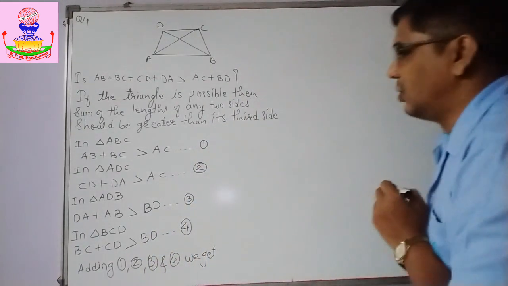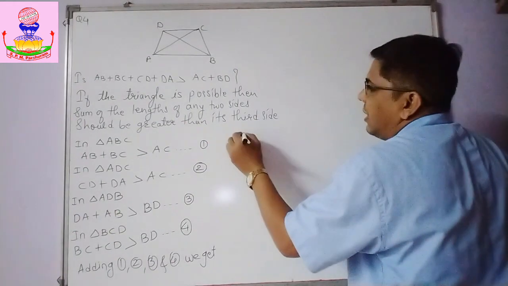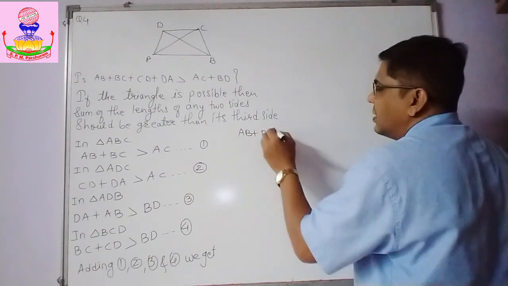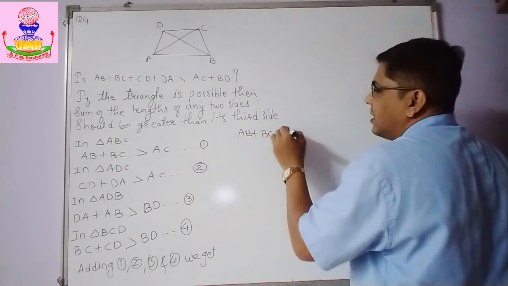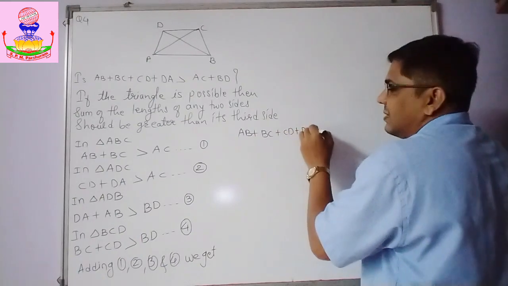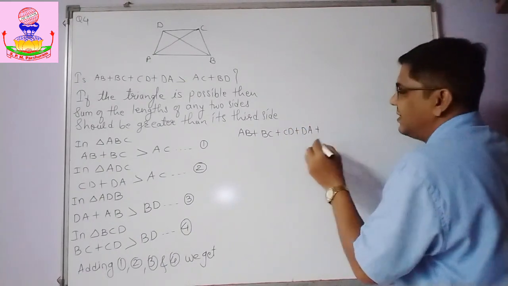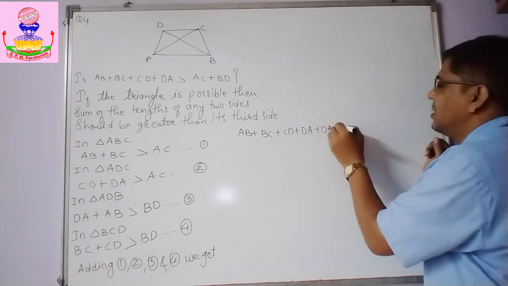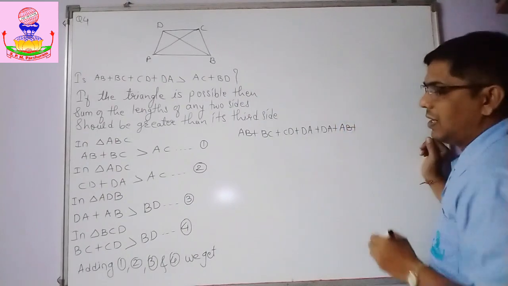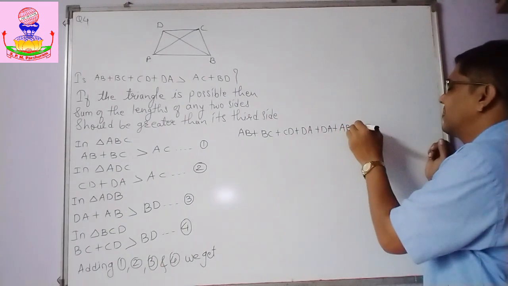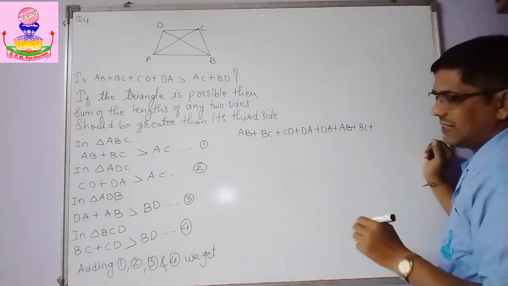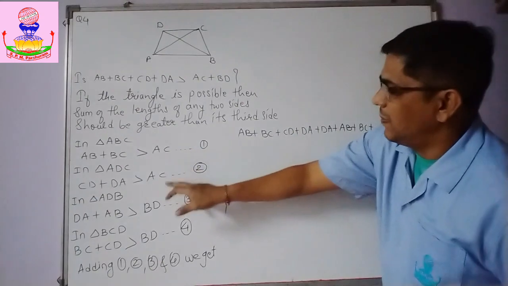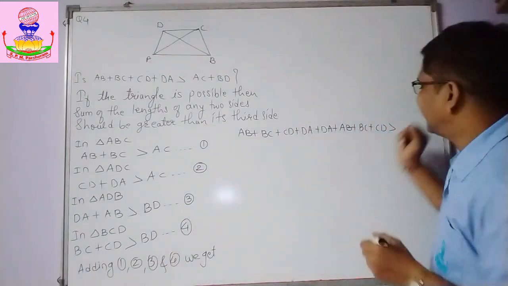I'll have AB plus BC plus CD plus DA, plus DA plus AB plus BC and plus CD. That is greater than AC plus BD plus BD, right?